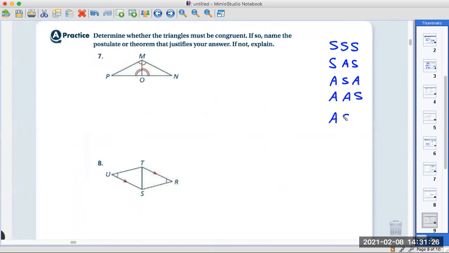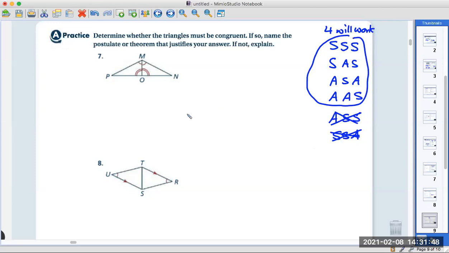This one is not allowed, or backwards. This one does not work. Okay, these two are often cited by students, but they don't work. These are the only 4 that work to show two triangles congruent. Okay, this is something you need to memorize, okay?